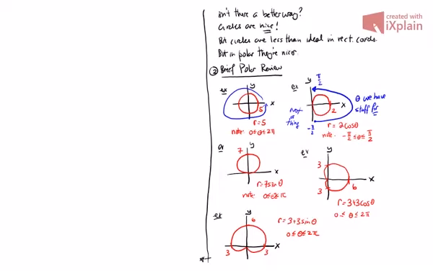So going back over here on the left, let's say describing R in polar. Here's the way to think about it: whenever you're describing a region in polar, put yourself at the origin.